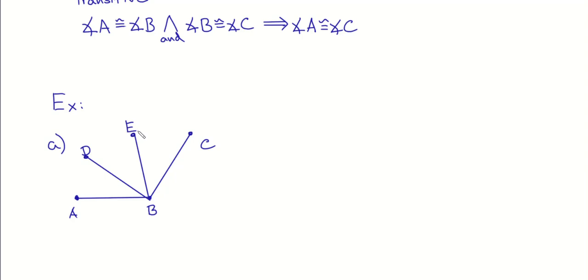Okay, I'm going to sneak a single arc across angle DBA. I'm going to put a single arc across angle EBC. And I'm going to write 32 degrees here.